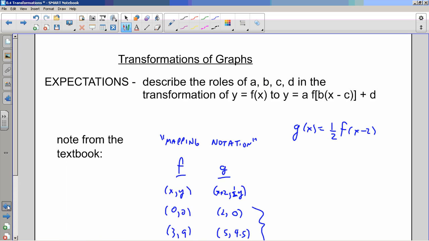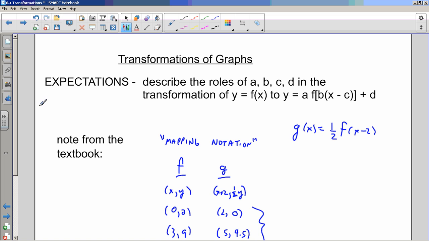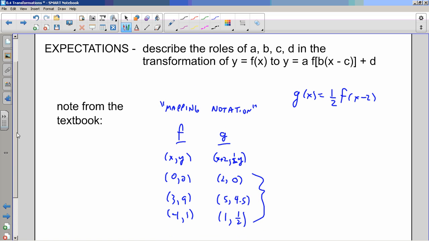Oops. 1.5. Yep. And in this way, this is how our textbook handles transformations. Rather than thinking about transforming the graphs, they transform the points. And we'll see later in this lesson and throughout the course that there's an advantage. For the most part, I'll think of the graph, just like you did in grade 11.